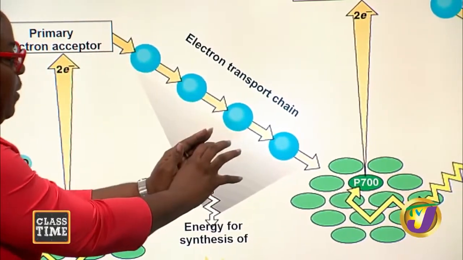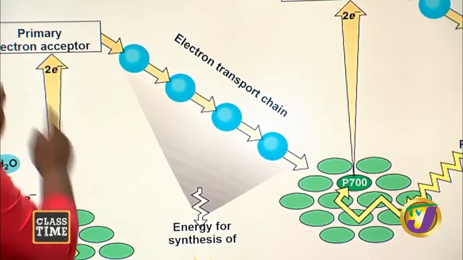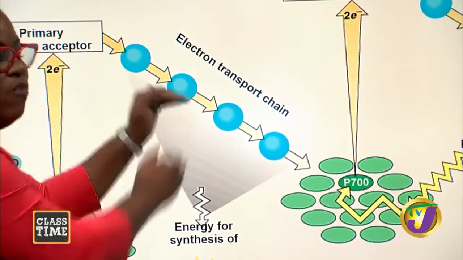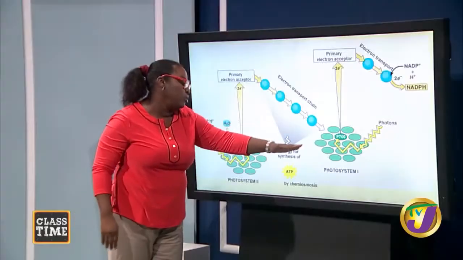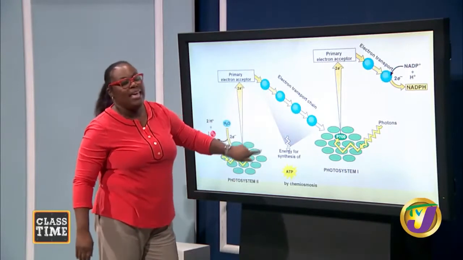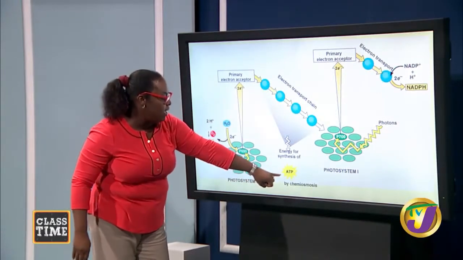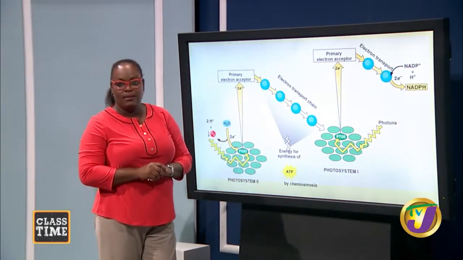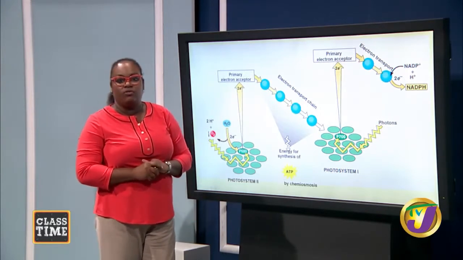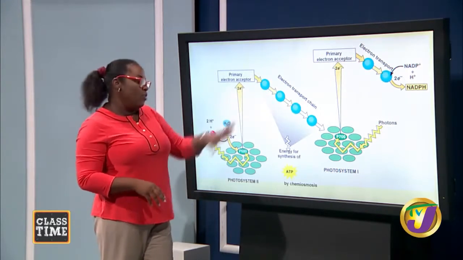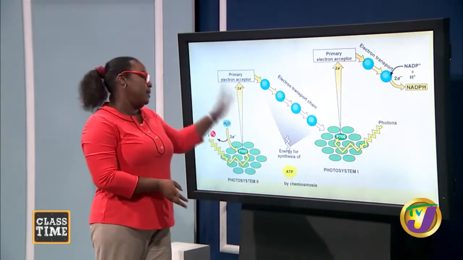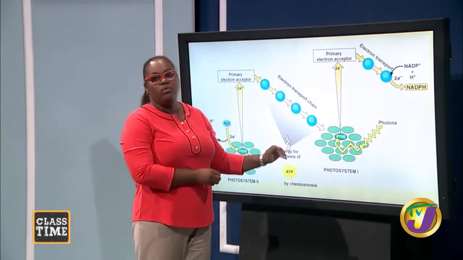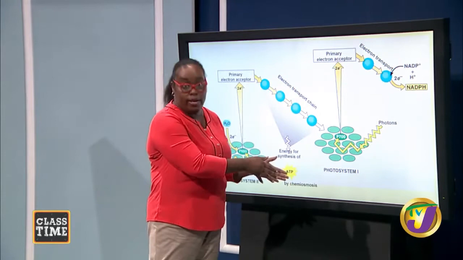While this is happening, all of this energy that the electrons are losing as they go from molecule to molecule to molecule, ATP, the form of energy, is made. The ATP is synthesized through this process. Now that process has to be explained later, but we are going to move on now to photosystem 1.